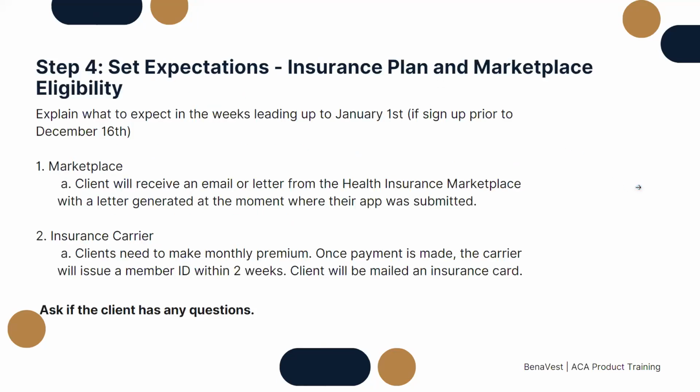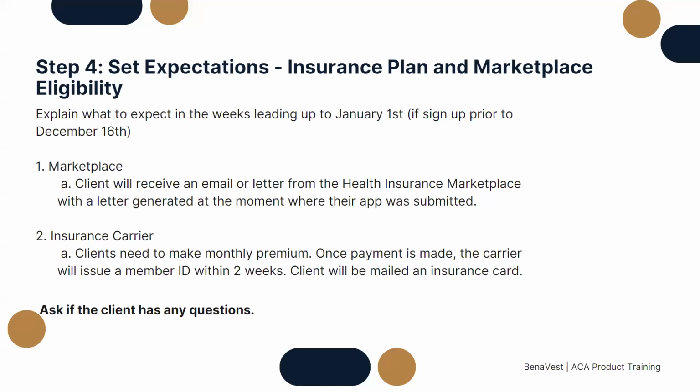Okay, step 4 is setting your expectations. You're going to explain to the client what to expect in the weeks leading up to January 1st if you sign them up before December 16th. So the marketplace, you'll let them know that they'll receive an email or a letter from the marketplace. This letter was generated at the moment when you input their application.